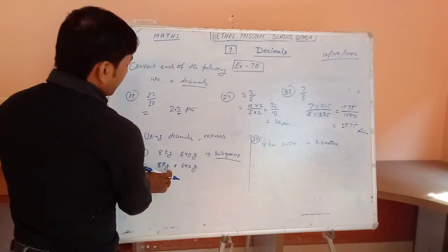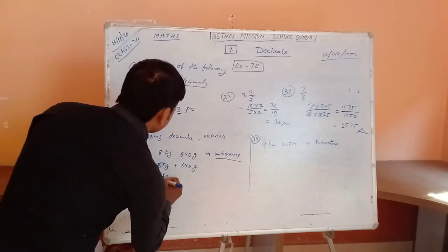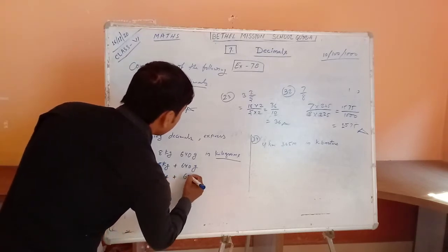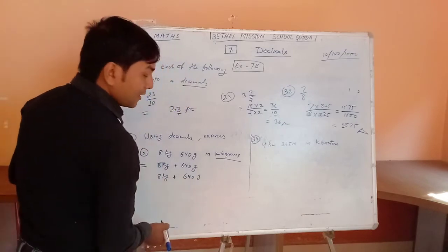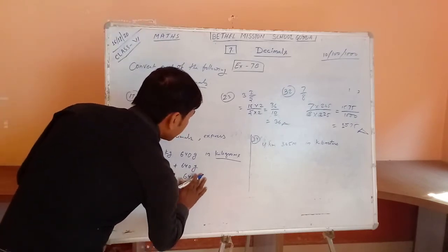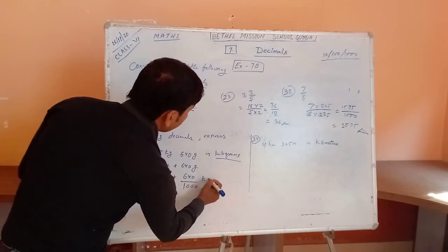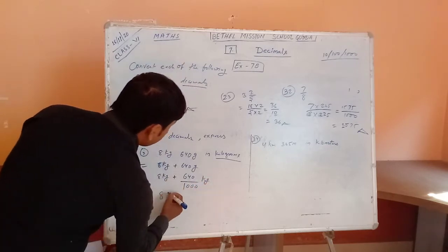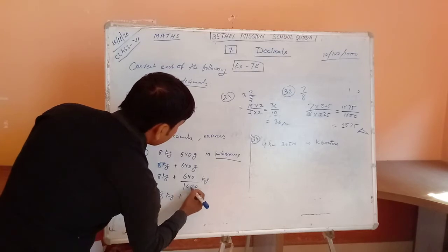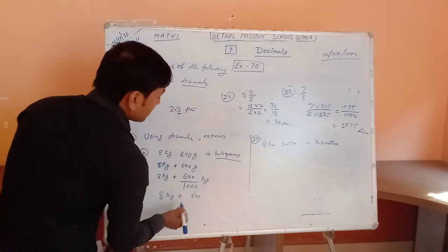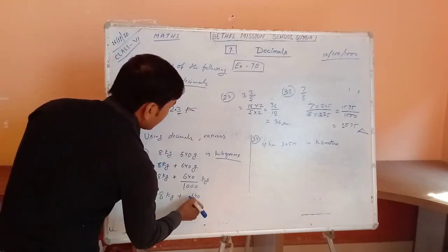Okay, so this part don't change. Directly you can convert gram into kilogram. If you divide by 1000, this becomes kilogram. So this is 8 kg and this is 640. Put the decimal after 3 digits, 1 2 3 here.